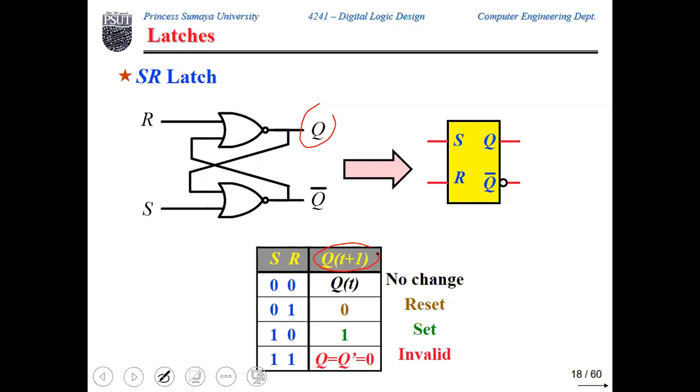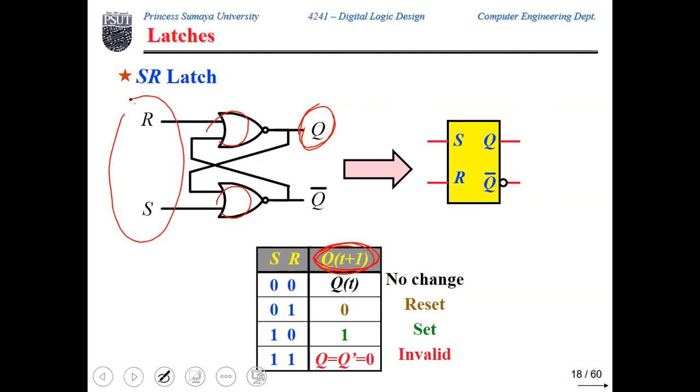I simply analyzed the values, the different paths, and figured out the new value of Q, which I called Q of T plus 1, or the new value of Q. This new value, which is calculated here and here, appears on Q as soon as I change the input. So is there time related to the operation of this latch?